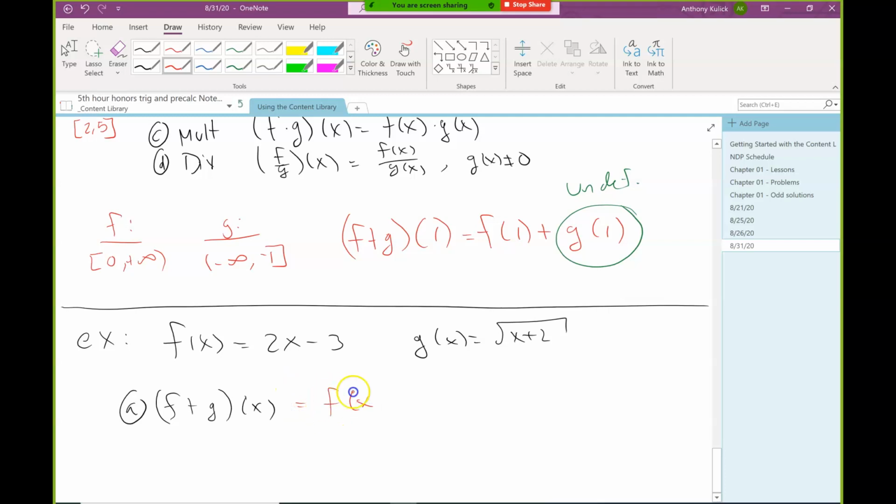Well, from my rule above, I know that that's the same thing as just adding those two functions independently. So that's 2x minus 3 plus the square root of x plus 2. At this point, I would look for any like terms to combine, but there aren't any. So I'm just done, right? Is everybody okay with that idea?